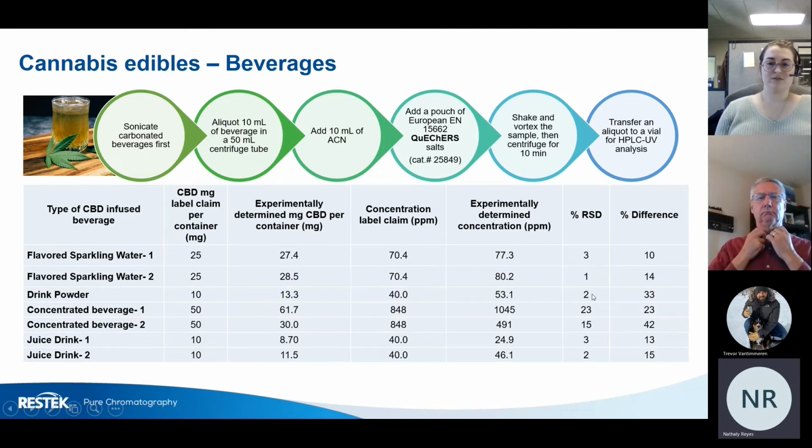So we can see that in many cases, the differences are pretty low, and in some cases, the differences are high. And this not necessarily means that the method doesn't work, it is that sometimes the product itself is not stable enough and the cannabinoids can stick onto the walls of the container.